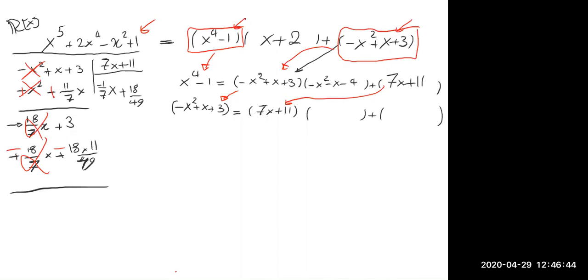We end up with 3 minus 11 times 18 over 49, whatever this number is. So here we get minus 1 over 7x plus 18 over 49. And here we get this number.